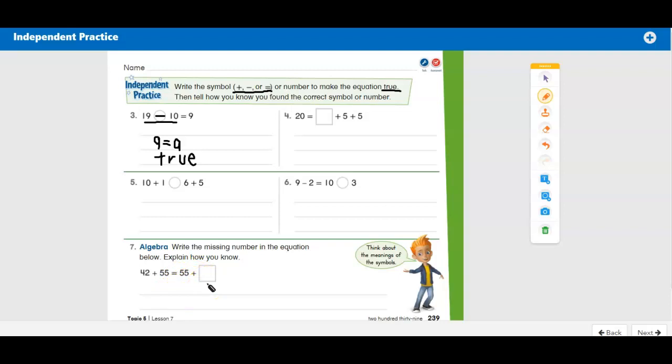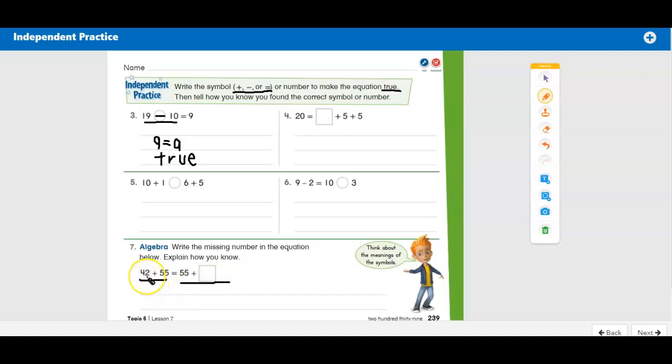Now, I know what you might be thinking. Oh, wow, these are some big numbers. And they are, but don't let it scare you. So we're working with true equations, right? Yes. So that means both sides of this equation are going to equal the same number.